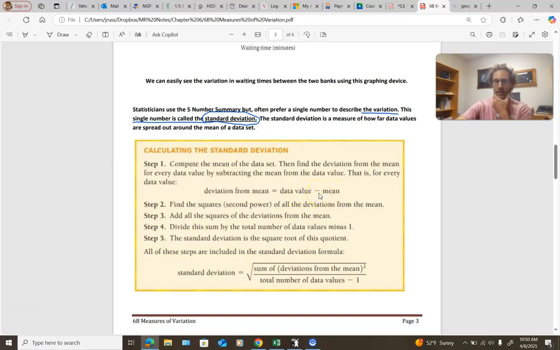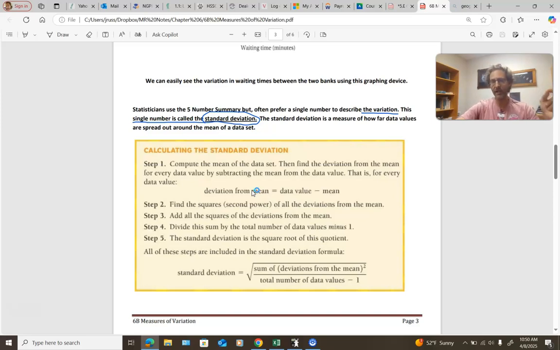And some of these deviations will be positive, some will be negative. Values that are greater than the mean would result in a positive deviation, and values that are lower than the mean would result in a deviation that's negative. And so you could say, oh, maybe I just add up all those deviations.